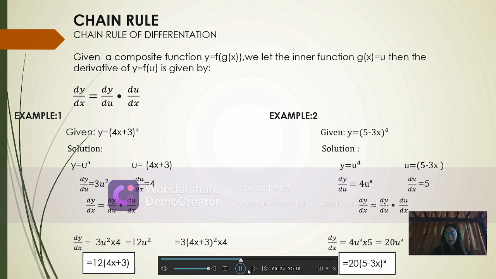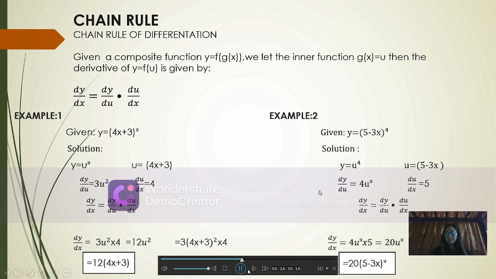Then, yung u naman natin is the 5 minus 3x. So, ito. Copy lang ulit natin yung nakaparenthesis sa u. Yung y naman, ganun lang ulit. Lagay tayo ng u, tapos to the 4th power. Ano yung power sa given na binigay.